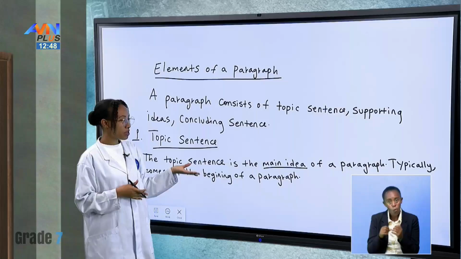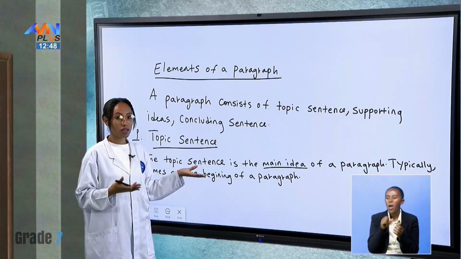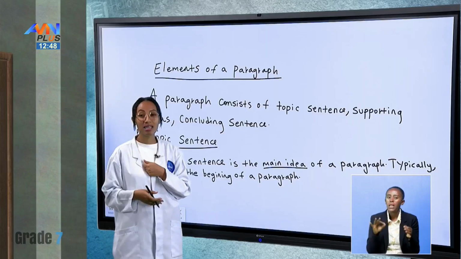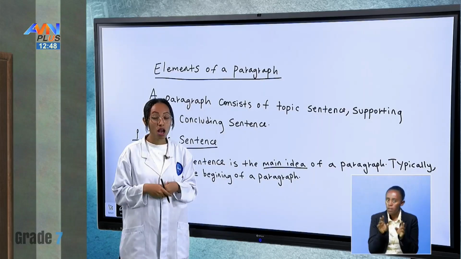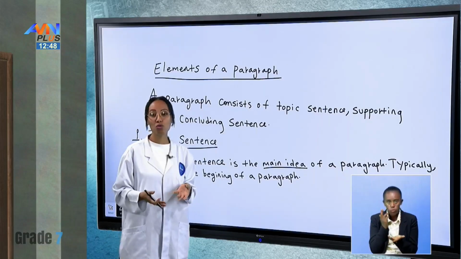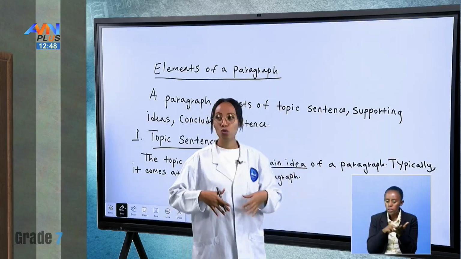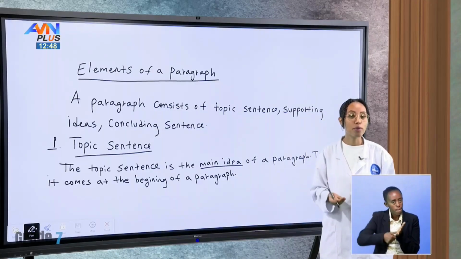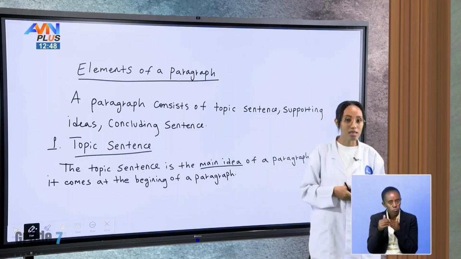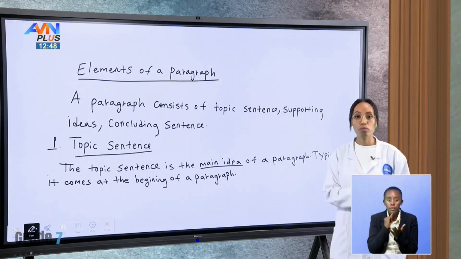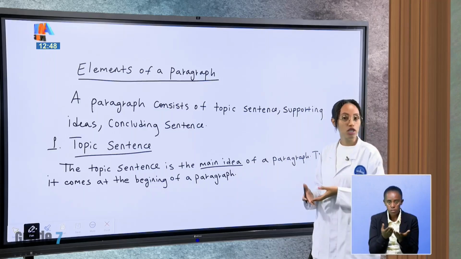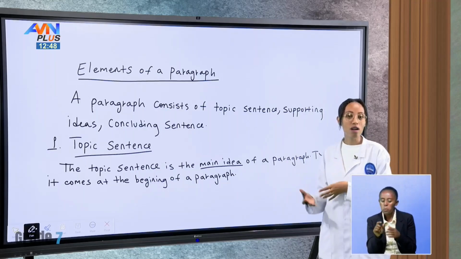The topic sentence is very important because it shows the reader, the person who's reading your paragraph, what the main information of the paragraph is. And it also gives us a sense of direction of what the paragraph is going to be about.